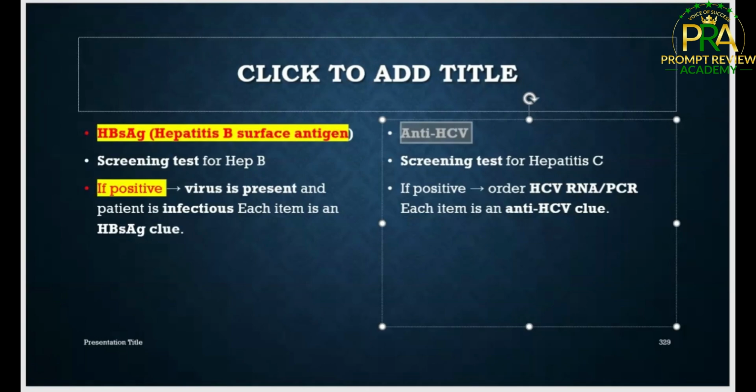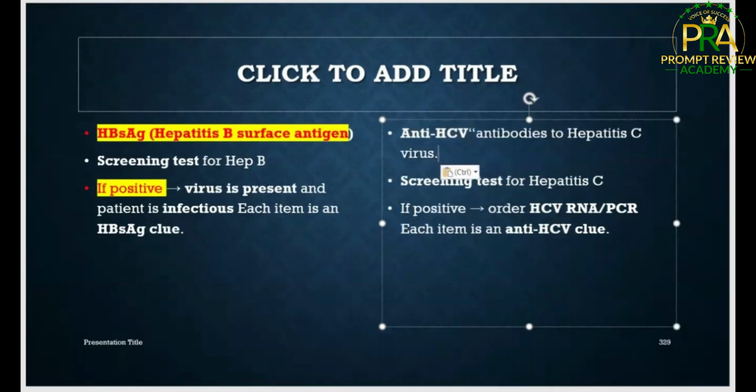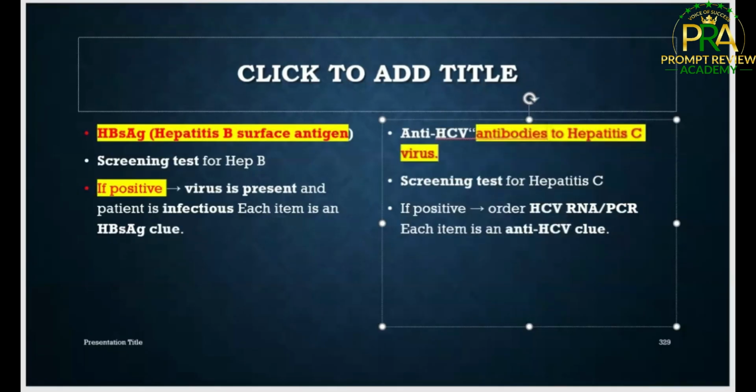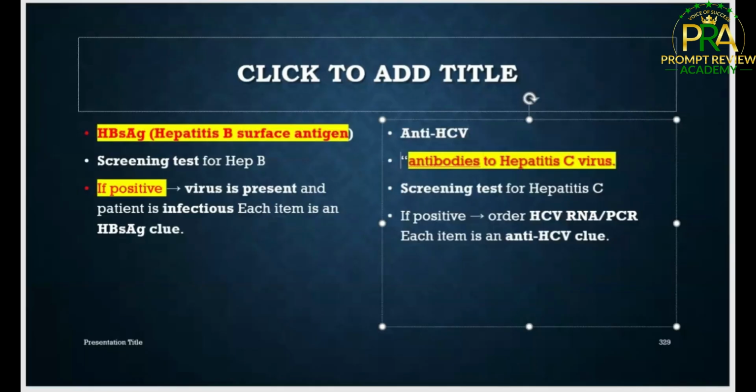All these abbreviations are confusing, but that is the full meaning. Anti means antibodies to hepatitis C virus. It indicates antibodies your immune system makes after exposure to hepatitis C.